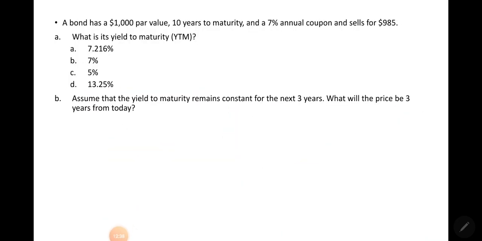Moving ahead to the last question. So a bond has a 1000 par value, 10 years to maturity, and a 7% annual coupon, and sells for 985. What is its YTM? So the first part we're supposed to calculate the yield to maturity. We're going to use the bond valuation formula.